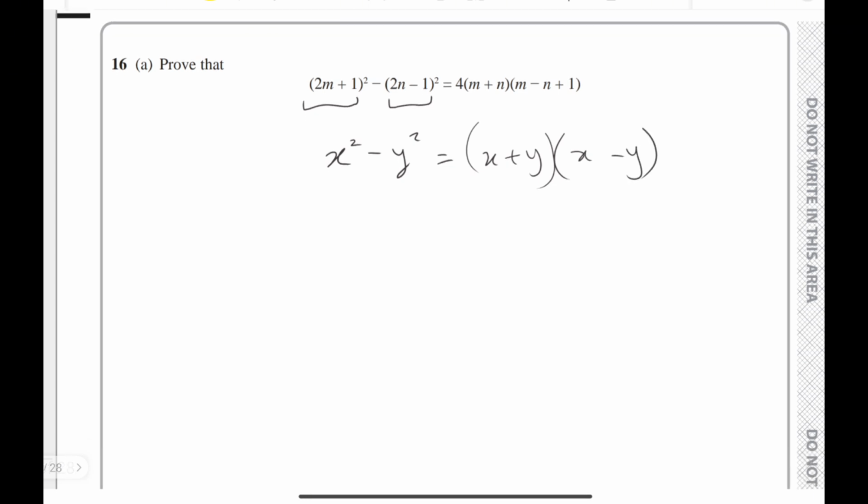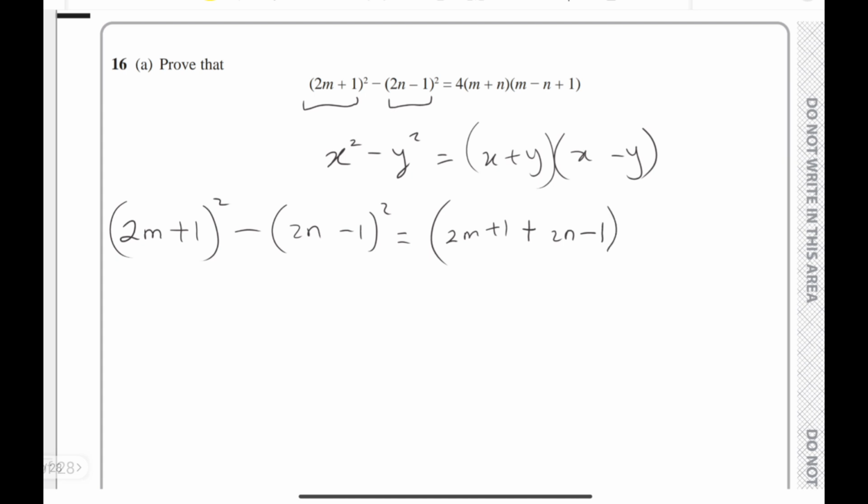If I apply that here, 2m plus 1 squared minus 2n minus 1 squared is going to be equal to open bracket x plus y, so 2m plus 1 plus 2n minus 1, then multiplied by x minus y.